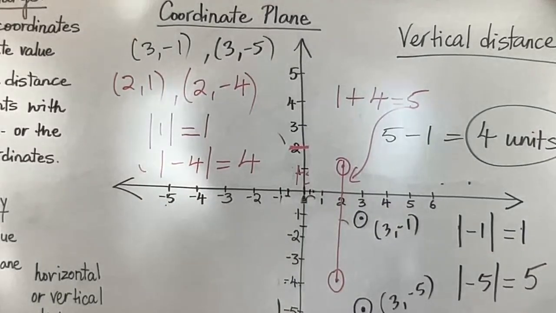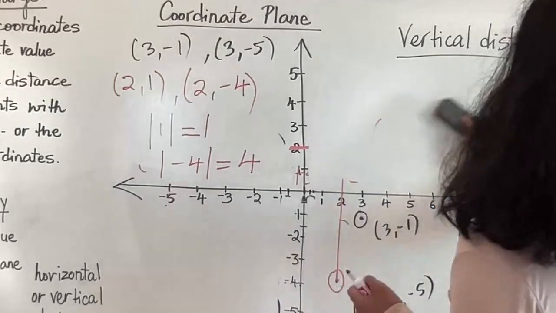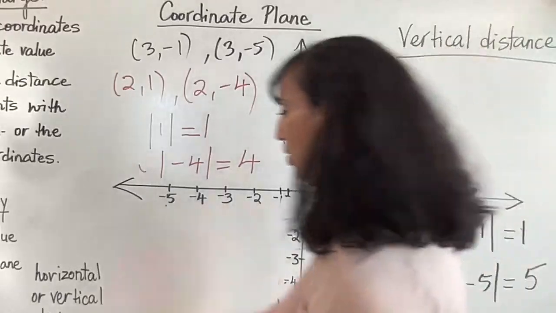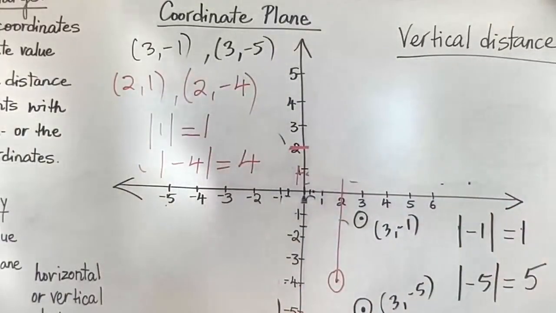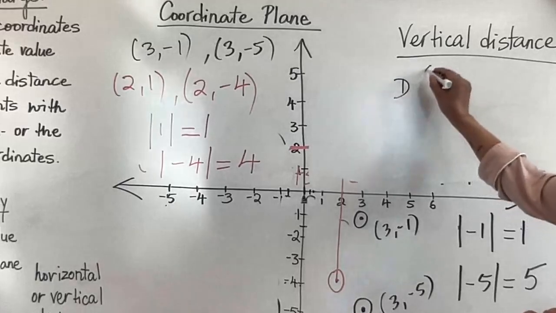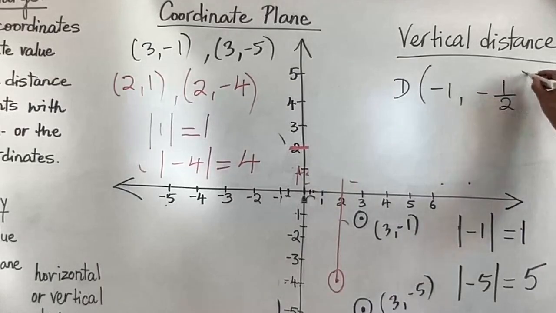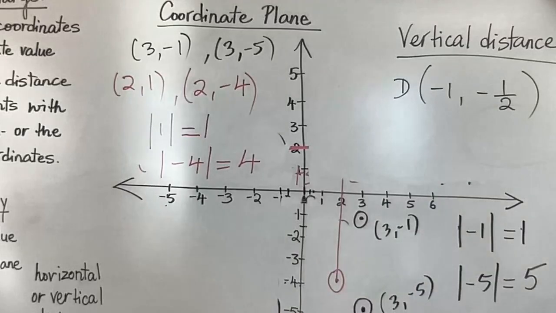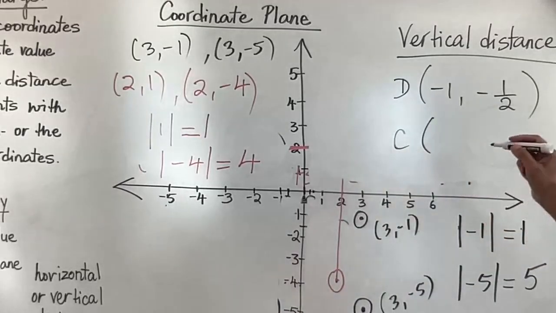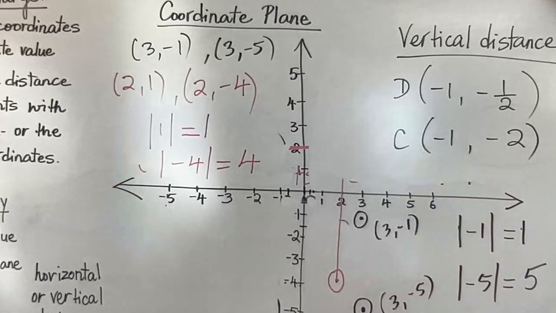All right, so let's do a problem with vertical distance in the same quadrant. So now I'm just going to calculate straight up, in the same quadrant. Let's say D is (-1, -1/2), that is 1 point, and C is (-1, -2).